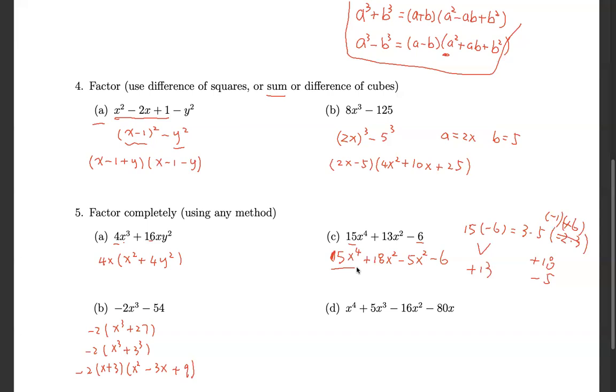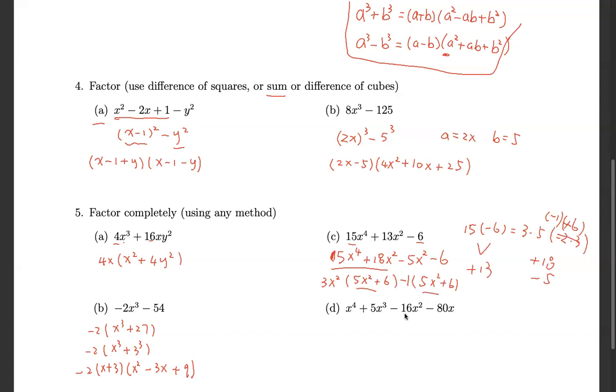Then from those two, factor out 3x squared. Then we have 5x squared plus 6. From these two, factor out -1. Right, -1 times 5x squared plus 6.